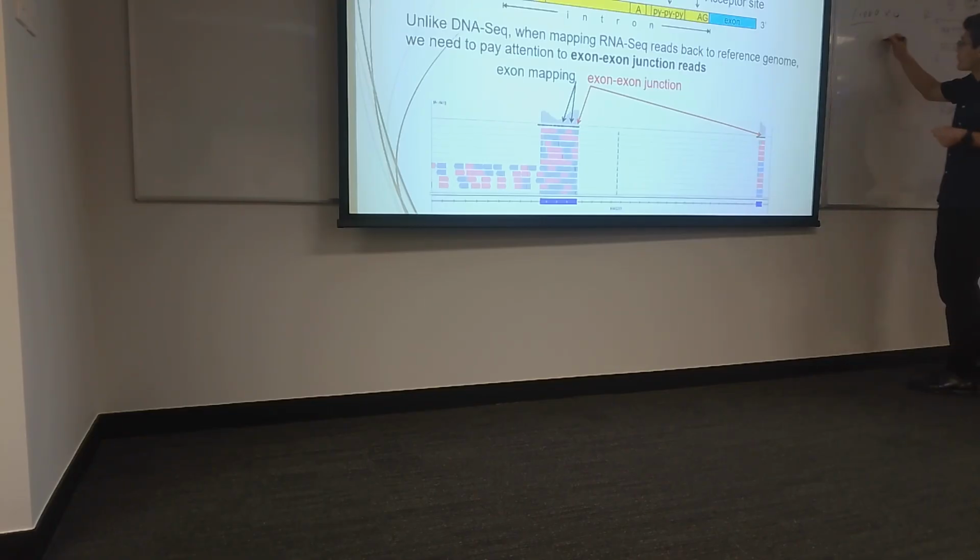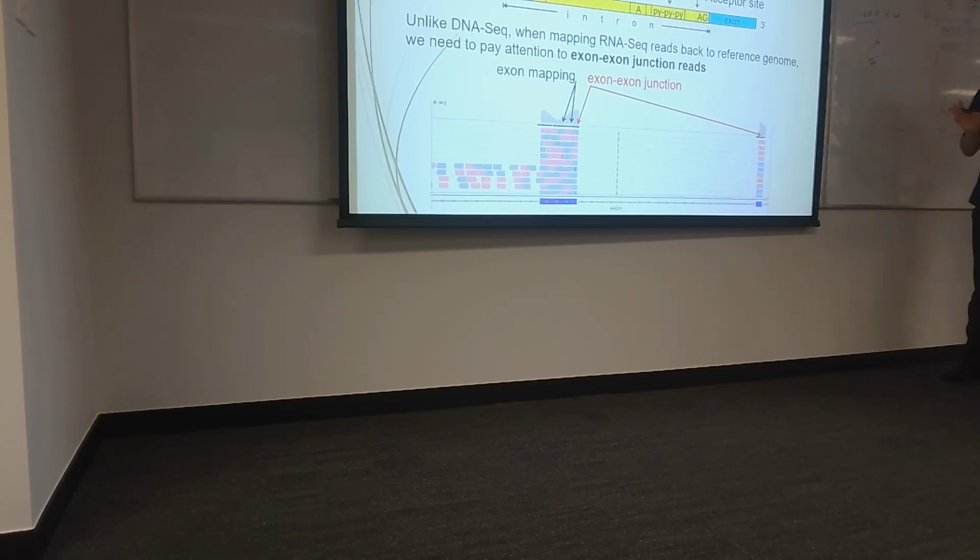For example, it's from here. This is R1. Maybe here is R2. Just for example, okay? Then the mapping process is trying to identify the location of each read on the human genome.